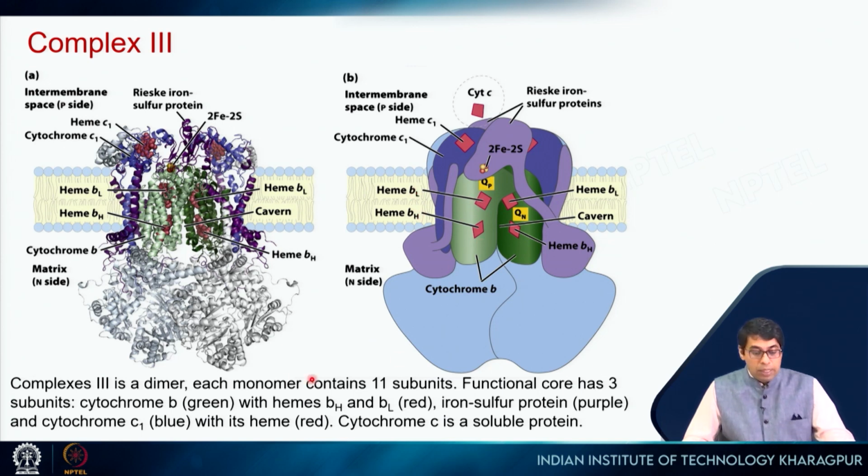There is an iron sulfur protein, which is purple, and the iron sulfur cluster is shown here. Then there is cytochrome C1, which also has a heme shown in red. This cytochrome C1 is bound to this complex, and cytochrome C is a soluble protein, which will move out.